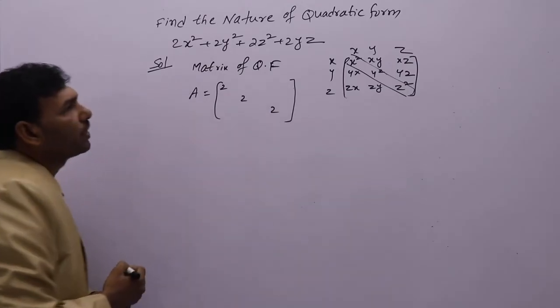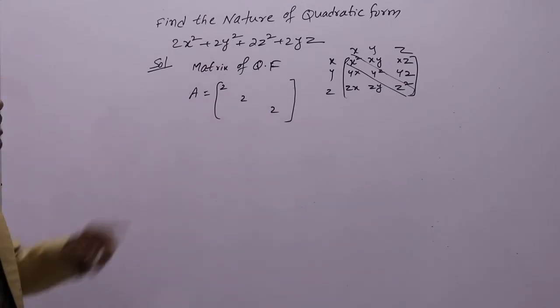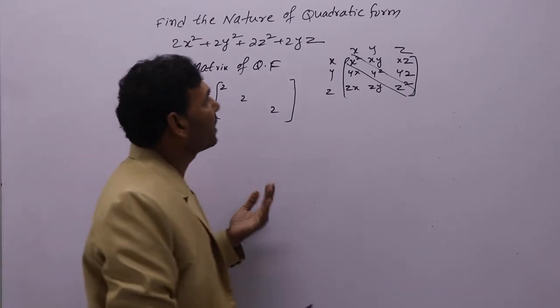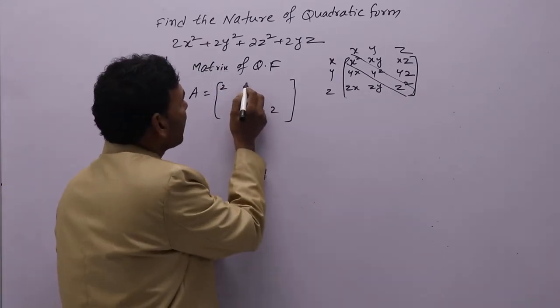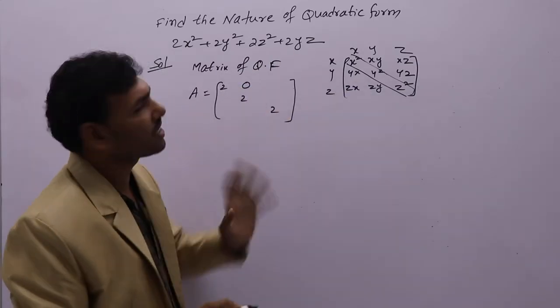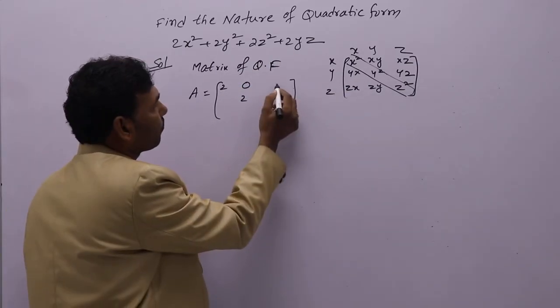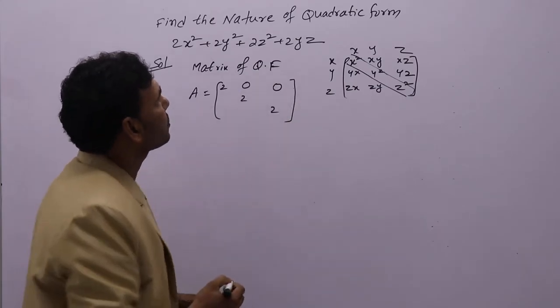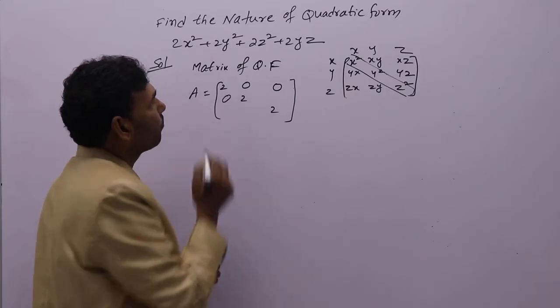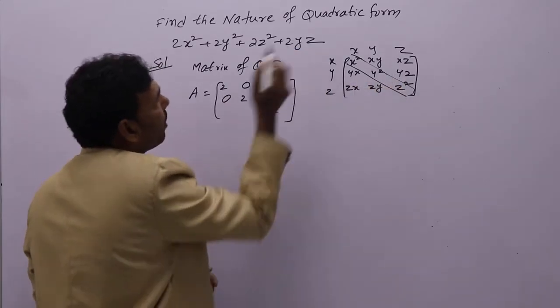Next, we need to write the remaining elements. xy. Do you have xy in the quadratic form? No, you don't have xy in the quadratic form. Simply write 0. Next, xz. Do you have xz? No xz. So xz is 0. Next, yx. Do you have yx? No yx. 0. Next, yz. Do you have yz? Yes.